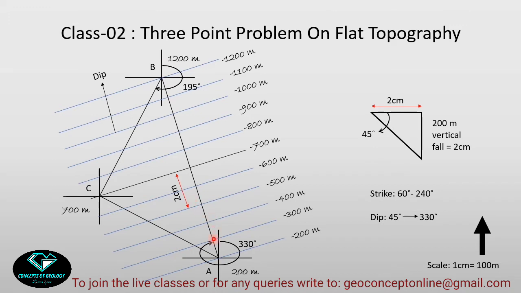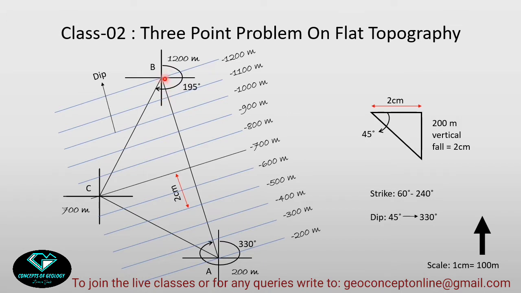To know the exact location of B, I need the distance between A and B. The distance is 1000 meter, which according to my map scale will be 10 centimeter. So I will measure 10 centimeter along this line and find the position of B. Suppose this length is 10 centimeter and the position of B is here.